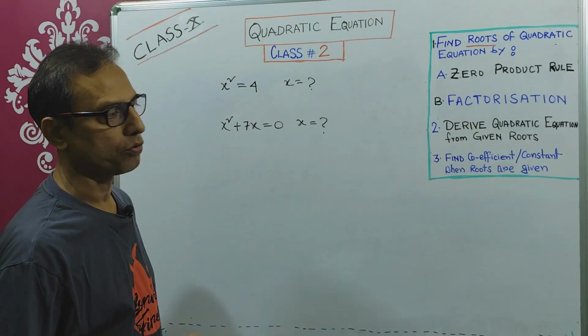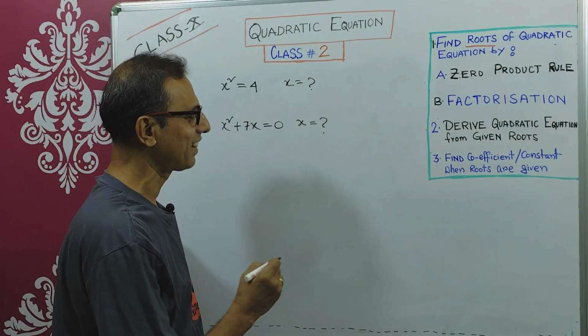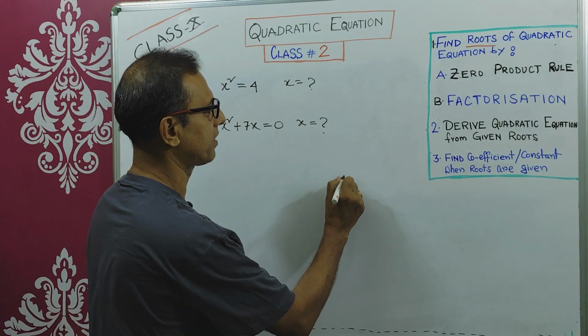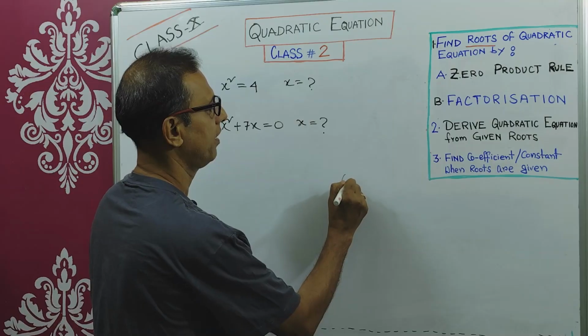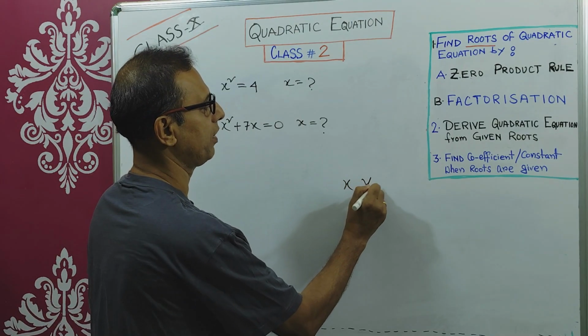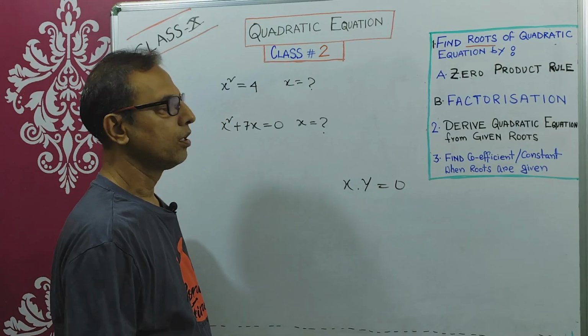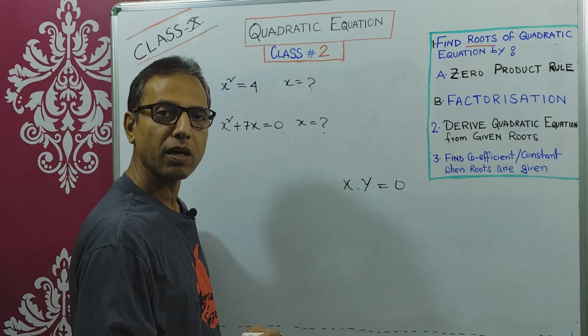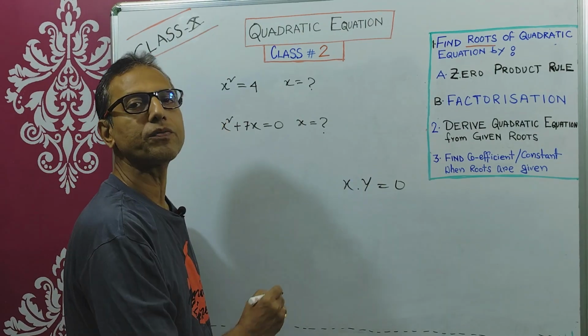What is the zero product rule? It is nothing but this: if you multiply two expressions or two values, let's say x into y equals 0, then either both of them are 0 or at least one of them is 0.